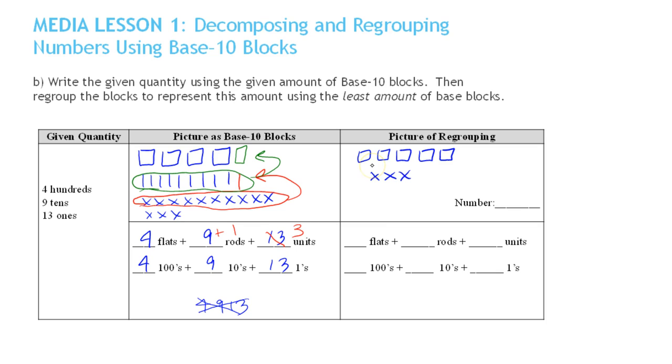So this number is 5 flats, 0 rods, and 3 units, or 5 hundreds, 0 tens, and 3 ones. And notice there's a spot for the number here, and this is how we typically write this number, 503. Okay. So 4 hundreds, 9 tens, and 13 ones is equivalent to the number 503.